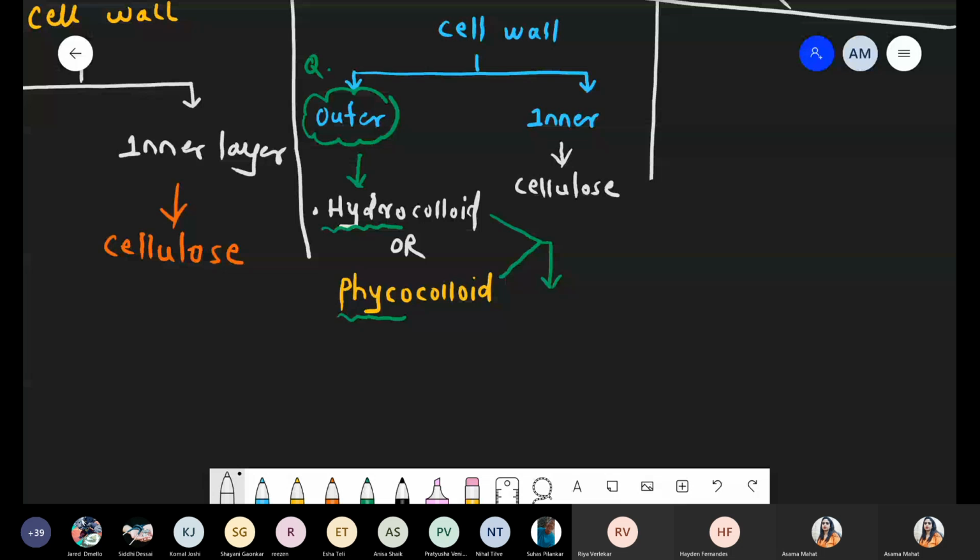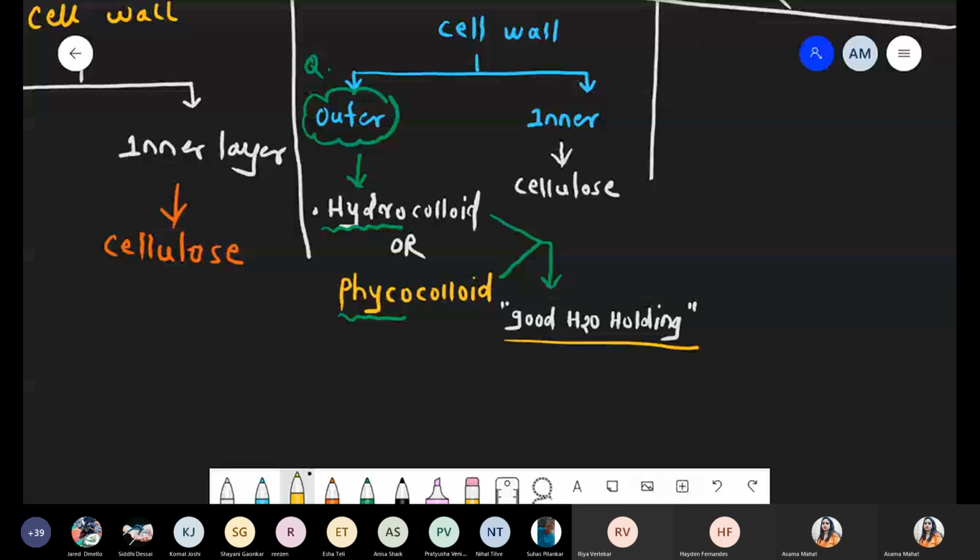Such material is commonly called phycocolloid or simply hydrocolloid. Hydro means something watery is there. And phyco means it protects from drying and from the freezing effect. So definitely it has good water holding capacity.